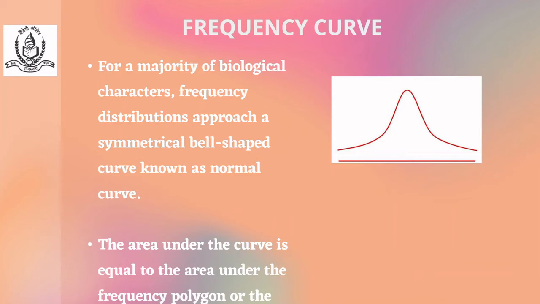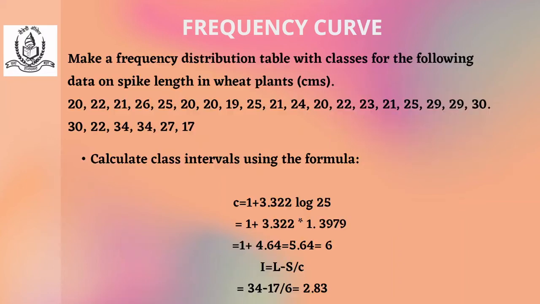For a majority of biological characters, the distribution of frequency approaches what is known as a normal curve, which is bell-shaped. The area under this curve is equal to the area in the frequency polygon or even the histogram.